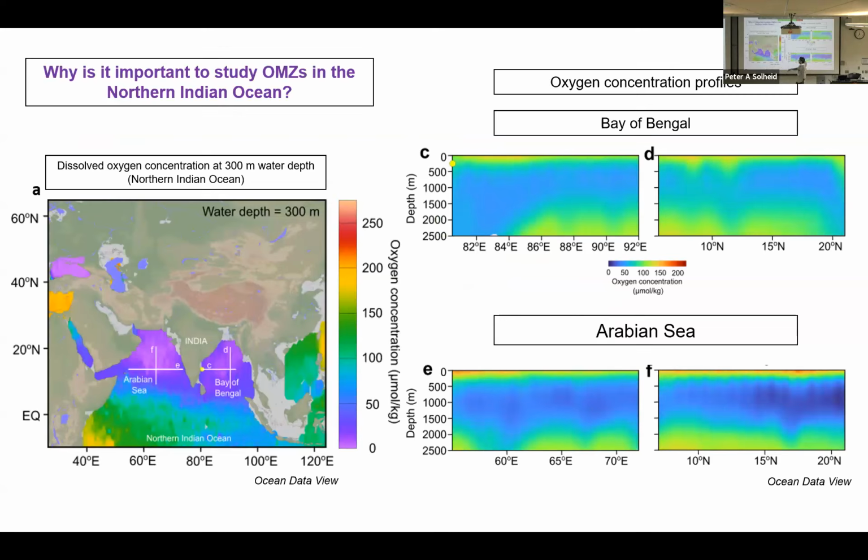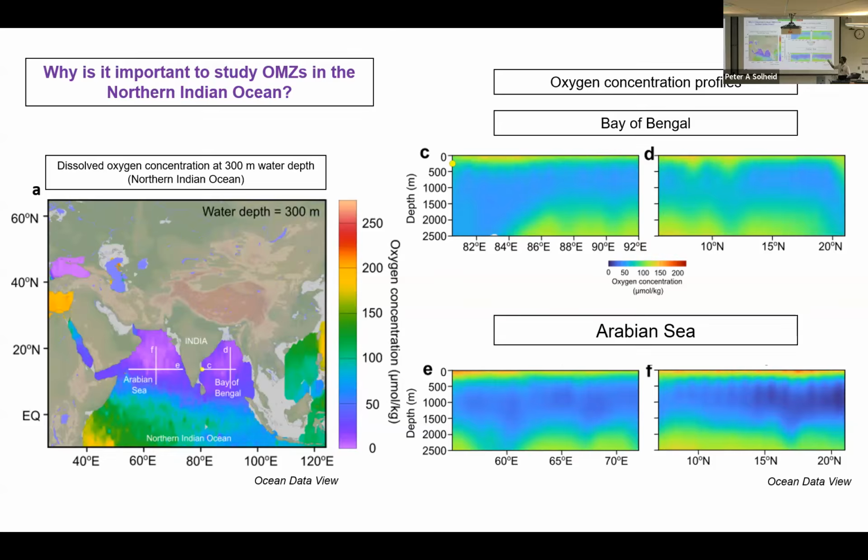In the Arabian Sea, we can literally call it an OMZ because of the functional anoxia in that region. The depletion of oxygen is of that level that the higher organisms that require oxygen will not survive in this region.